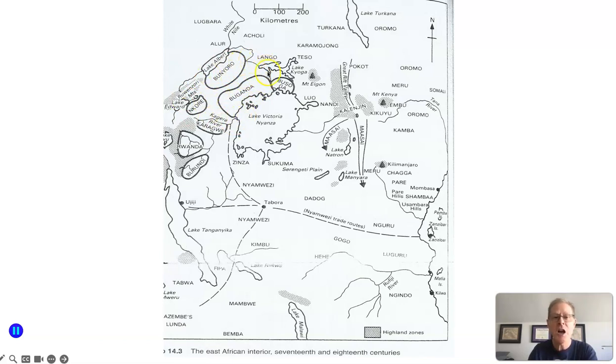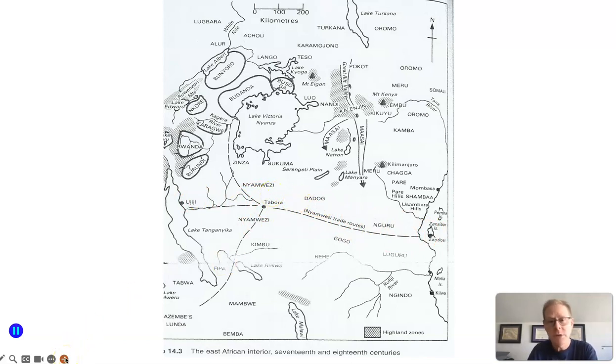They're called interlacustrine, in the lakes areas, including Buganda, which is what Reid and I both did our initial research on, and then another branch down toward Central Africa. So this is what it looked like up to the end of the 18th century.